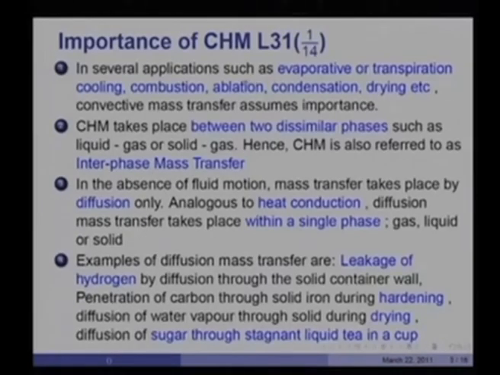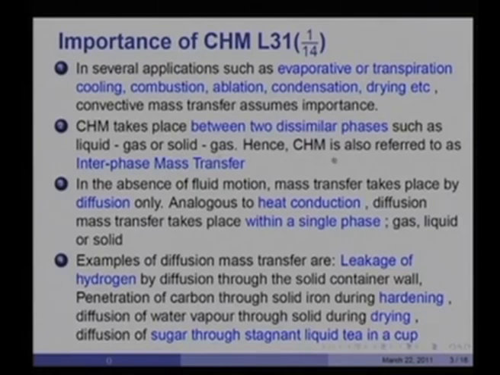Several applications such as evaporative or transpiration cooling, combustion, ablation, condensation, or drying make convective mass transfer important, and mechanical engineers need to deal with all of these in engineering practice. Convective mass transfer always takes place between two dissimilar phases, such as liquid to gas or solid to gas.